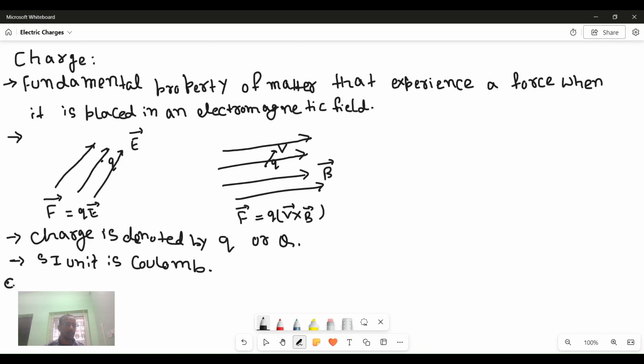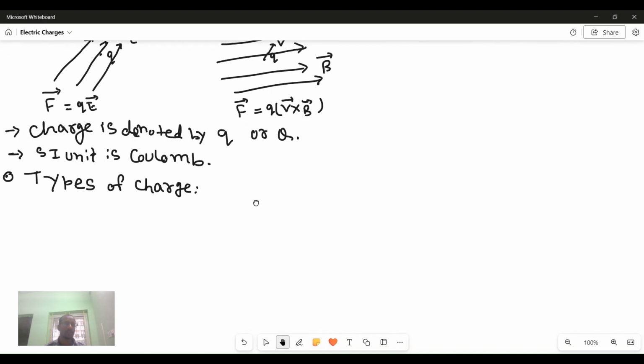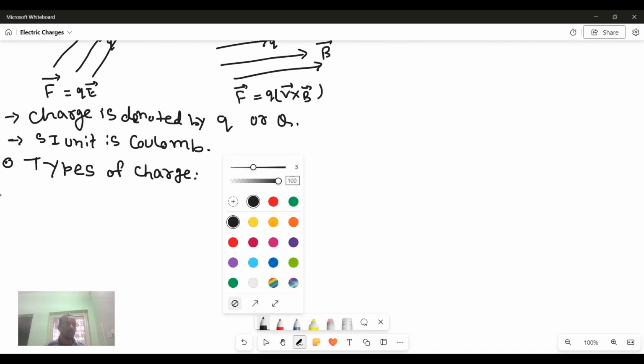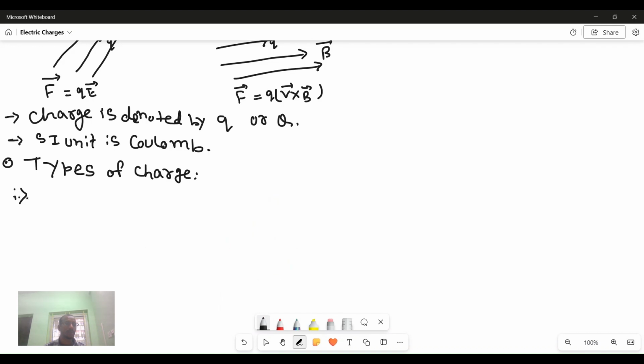Let's start with types of charge. Charge is of three types: positive charge, negative charge, and neutral charge. First, positive charge.